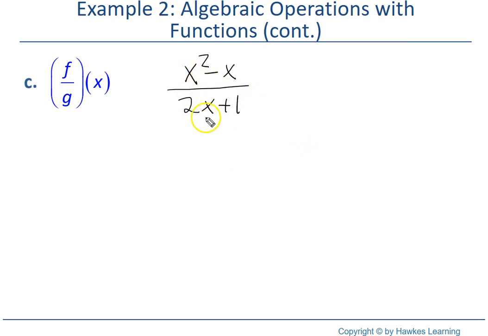Now, can you do any simplification here? And the answer is no. For instance, you might think you could factor out an x there and get x minus 1, but there's no common factors. So this would be your answer.